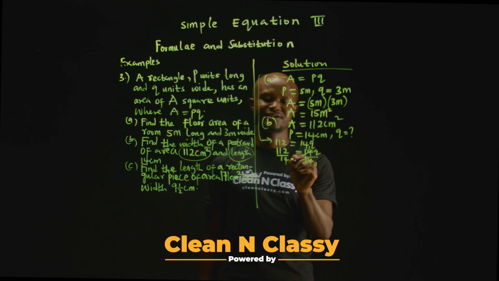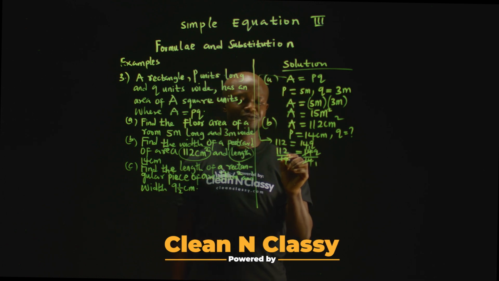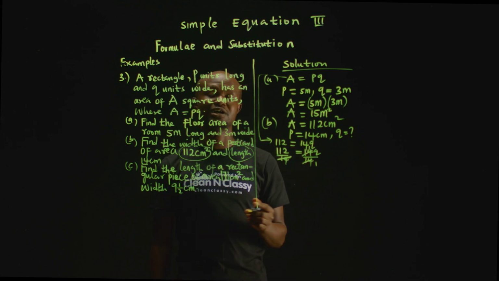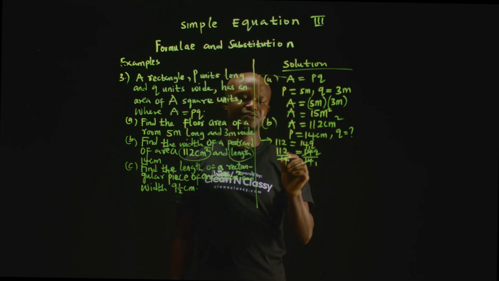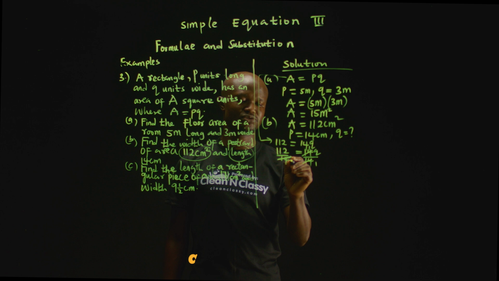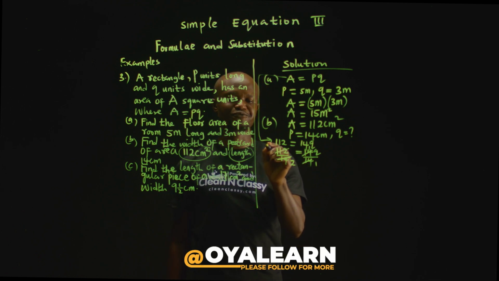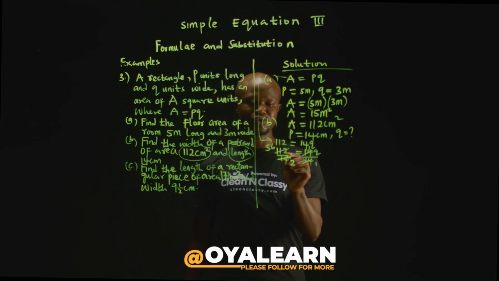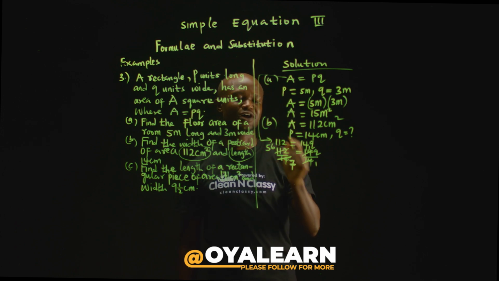Dividing this, we can reduce it. Let's use 2 to divide because 2 is common to both numerator and denominator. 2 in 14, we have 7. And 2 in 112, we have 56.